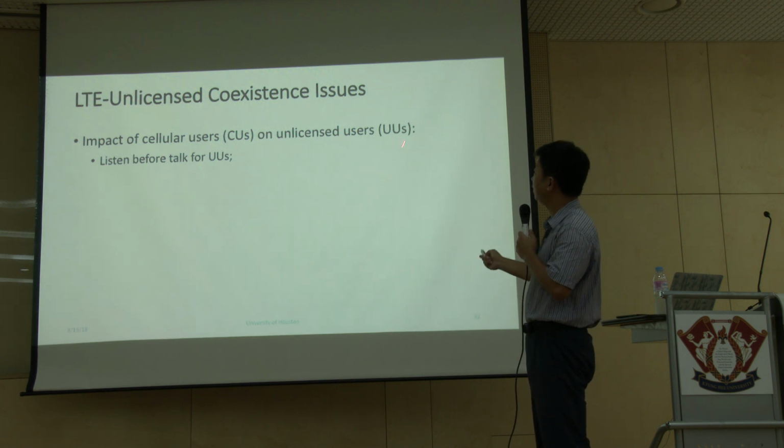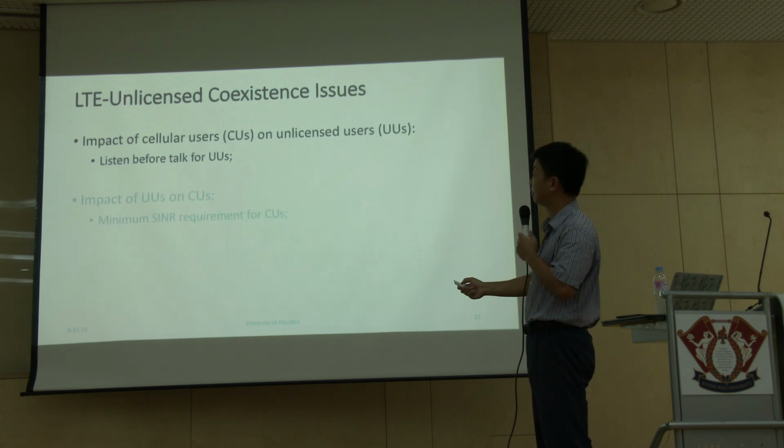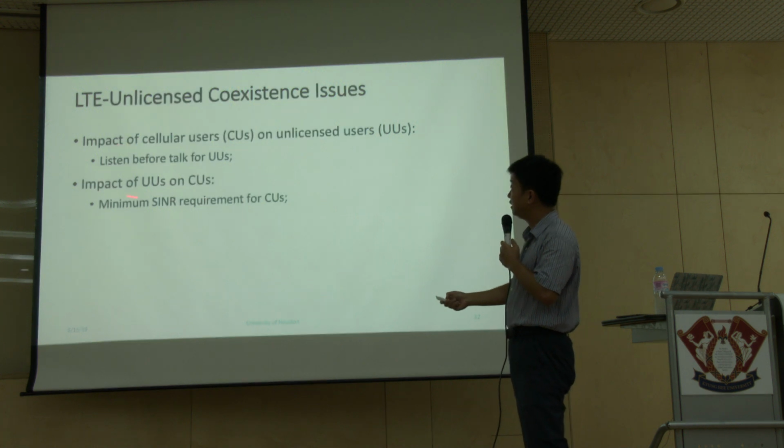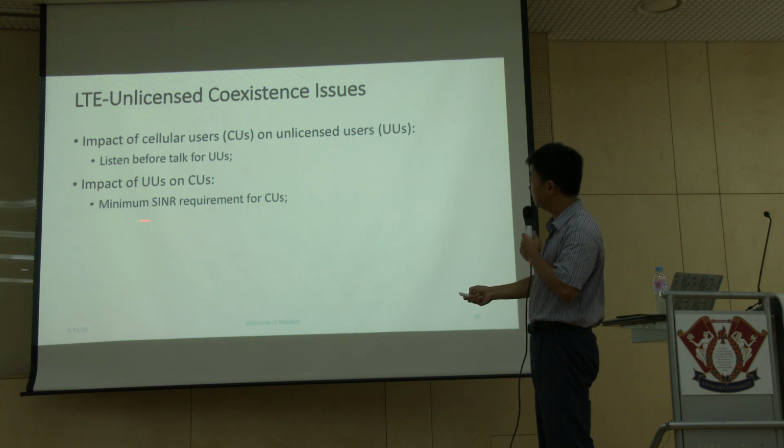So if the unlicensed user, like the Wi-Fi user, is transmitting, the cell phone user has to be nice to them. And for the impact of the unlicensed user on the cell phone user, they want to achieve the minimum requirement of signal to interference loss ratio for the cell phone user.